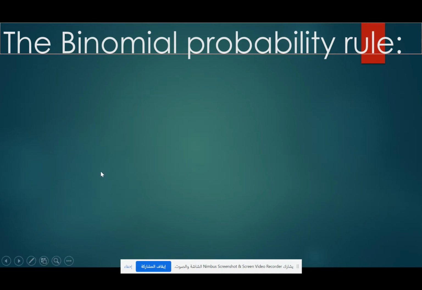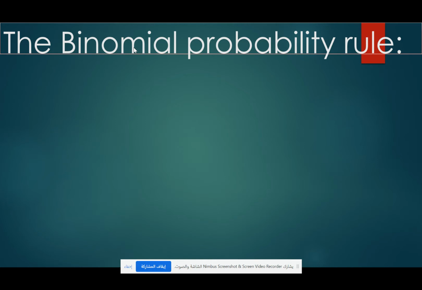We call it binomial because it is a probability between two things like success and fail. So we are going to find a probability of success and fail. For example, when you are doing an experiment of tossing a coin, you will get head or tail.